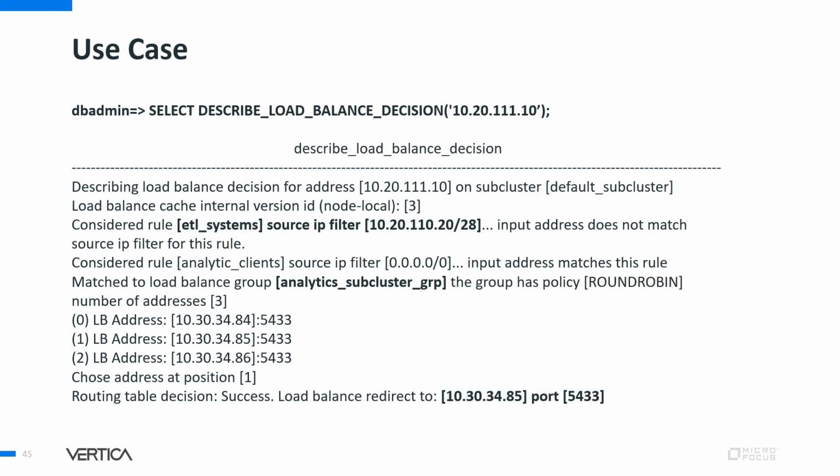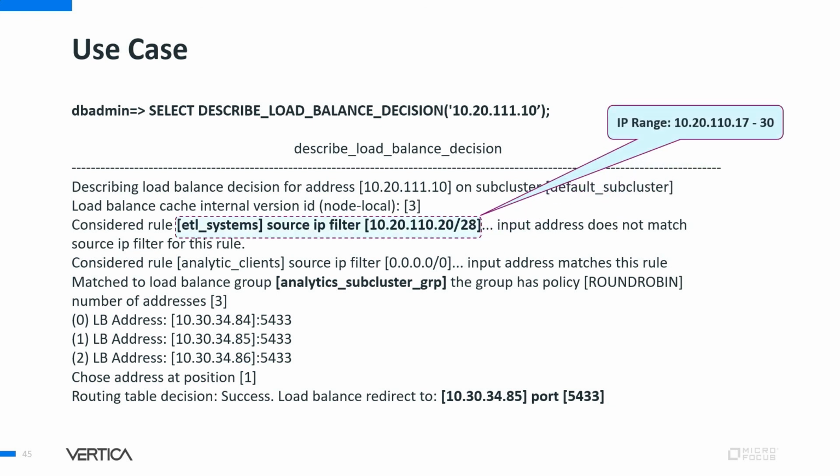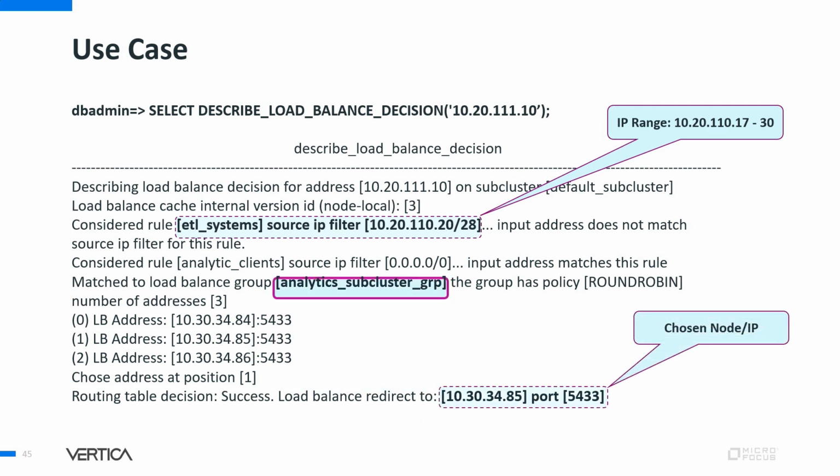In this example, I'm passing an IP which is out of range. As per the IP rule, the IP should be within the range 17 to 30. This input IP is out of range. So you can see it says the input address does not match the source IP filter for this rule. So it will route all these jobs to the analytic subcluster group.